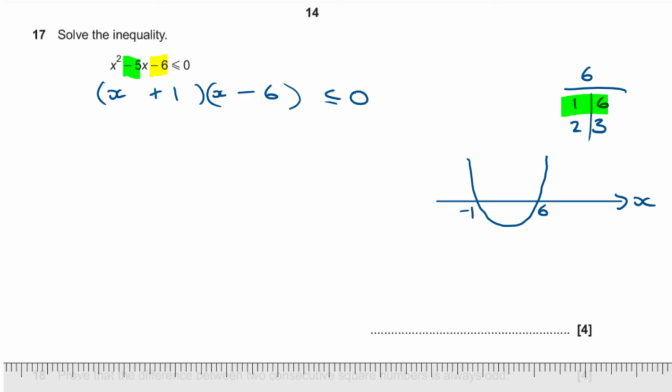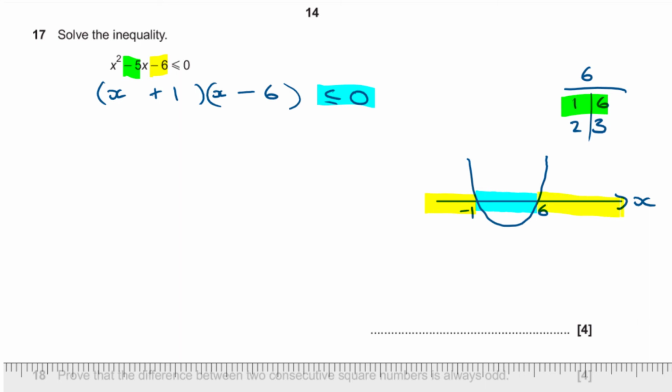Now we want to know when this function is less than 0. So what sections of the number line for x is this graph negative? Okay, well, it's below the axis in this section from here to here, isn't it? Okay, on the other sides, here it's above the axis and here it's above the axis.